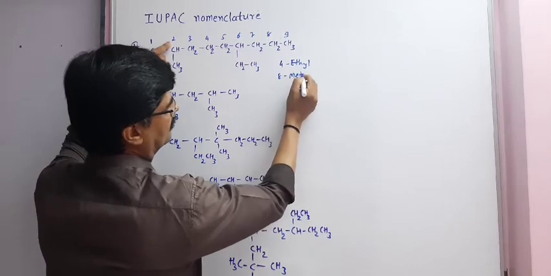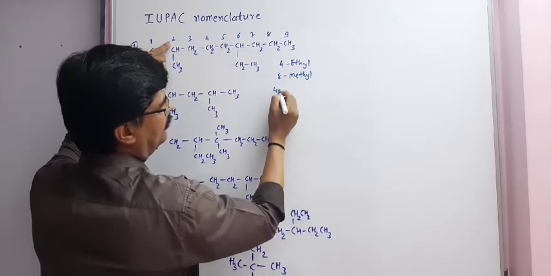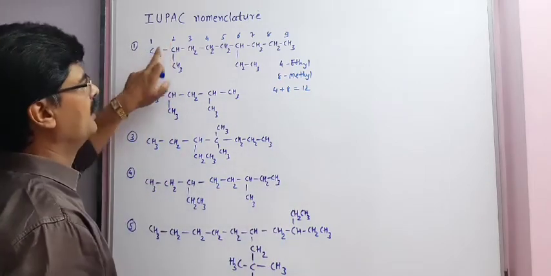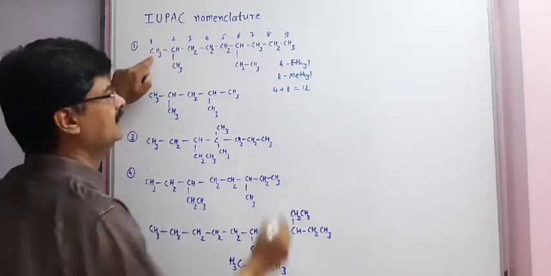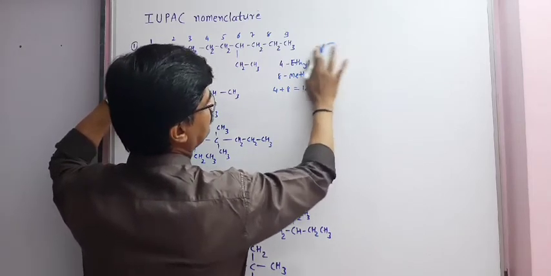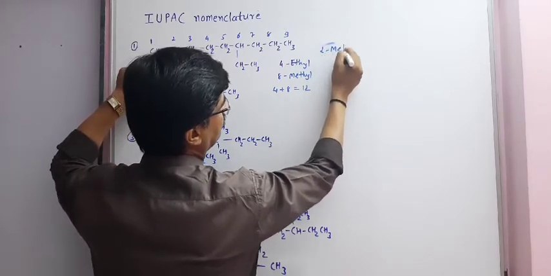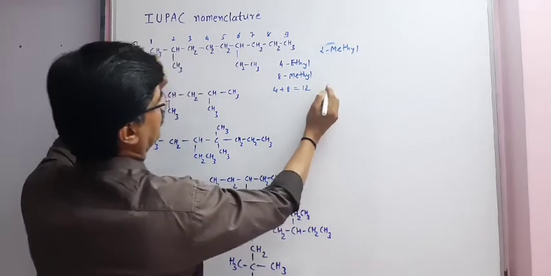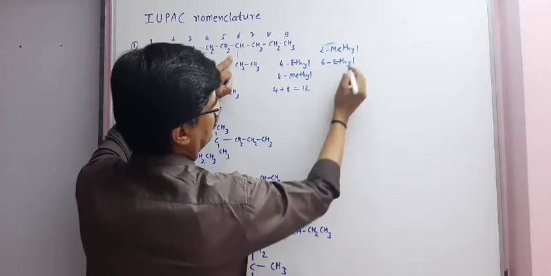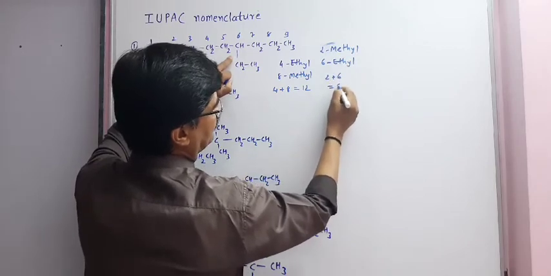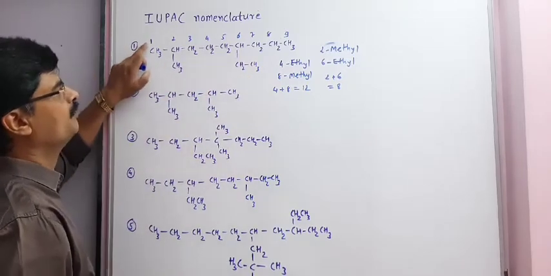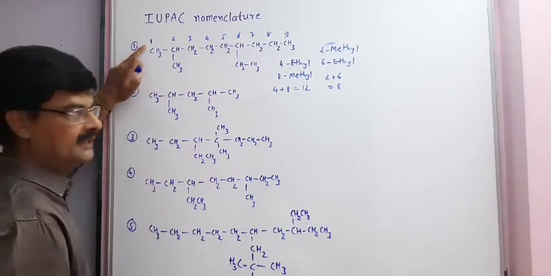So the total of 4 plus 8 will become 12, but as we have given numbers from the left hand side, we get 2 methyl and 6 ethyl. Therefore, we get 2 plus 6 is equal to 8. That is why it is better to give numbers from the left hand side.